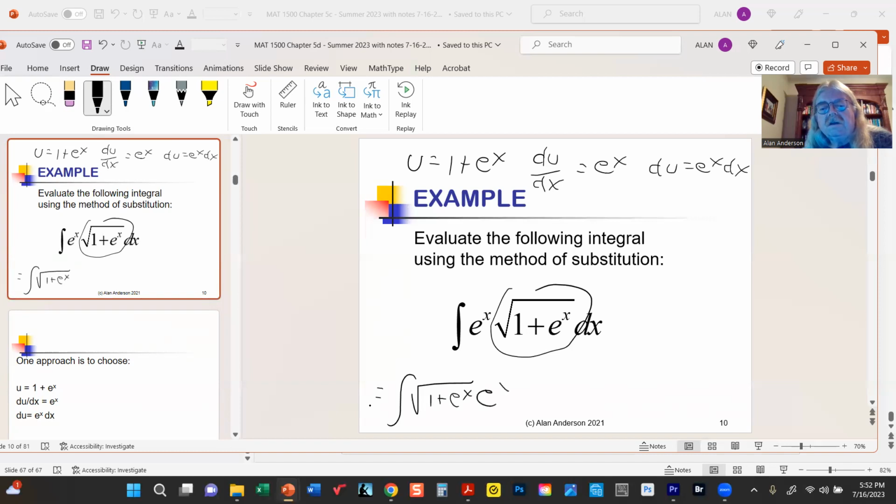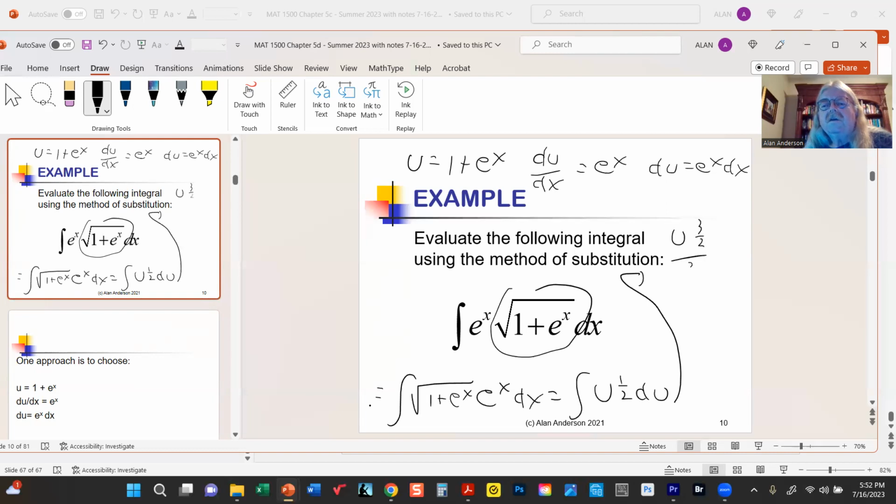Just so that it's clear that we have the square root of u du. So we end up with u to the 3/2 over 3/2 plus c, or 2/3 u to the 3/2 plus c.